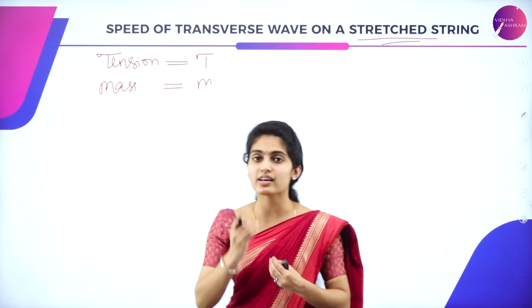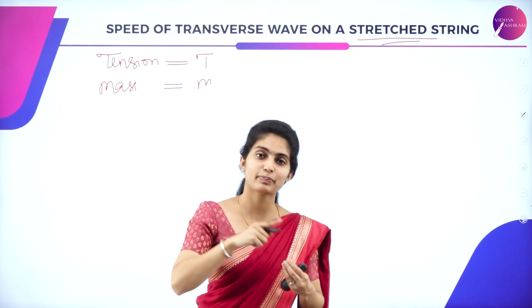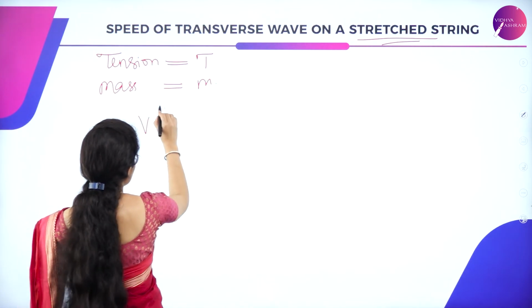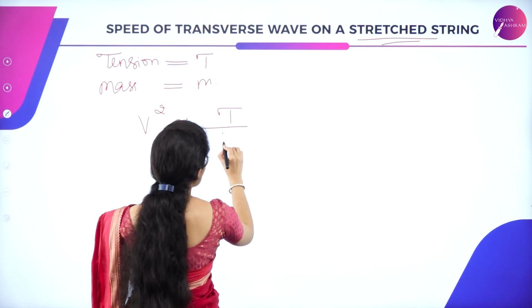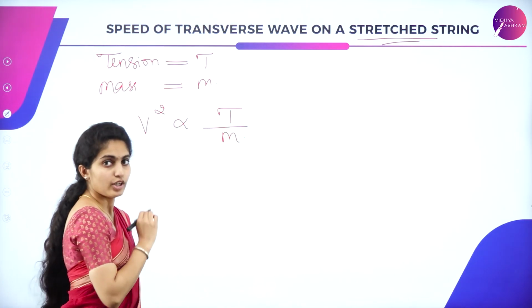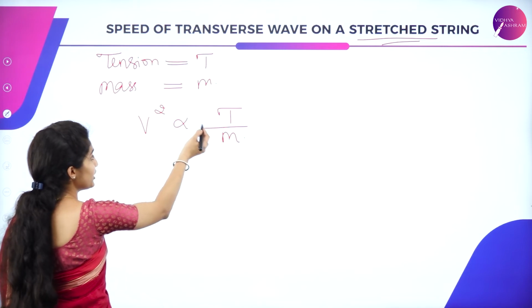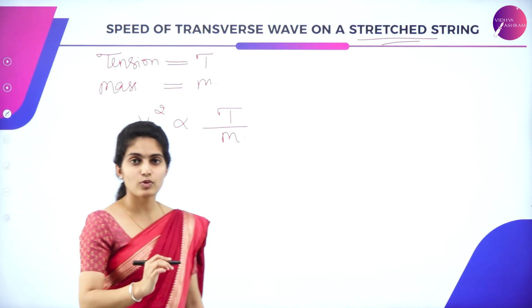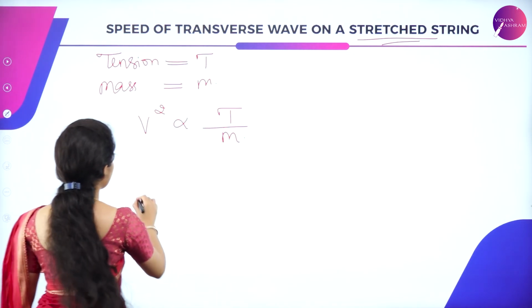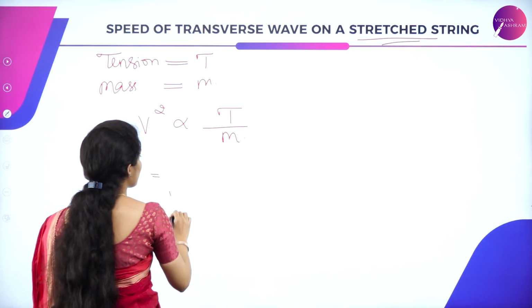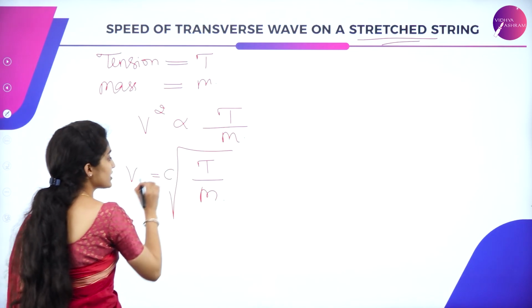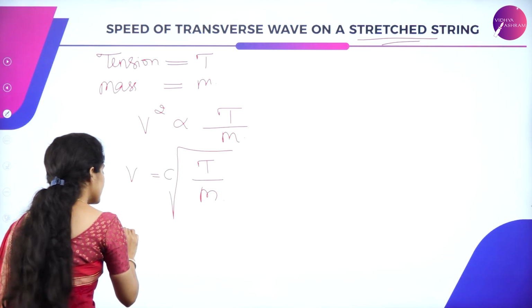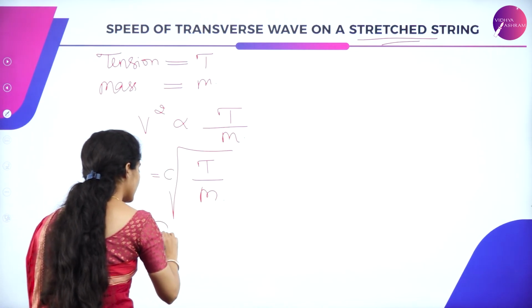The tension and mass are related to the speed, as the velocity v square is proportional to the tension on the string as well as the mass m. Removing the proportionality, you get a proportionality constant. So your v, that is the speed, is equal to c times root of T by m, where c is the proportionality constant.